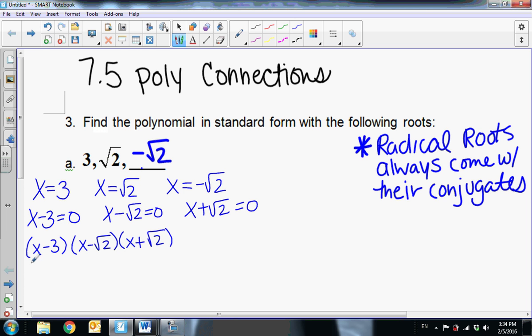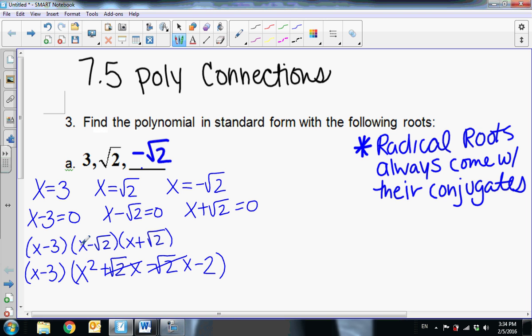So I'm going to keep this x minus 3, and then multiply: x times x is x squared, plus root 2x, minus root 2x. And then what's negative root 2 times positive root 2? 2, but what about that sign? Minus 2.